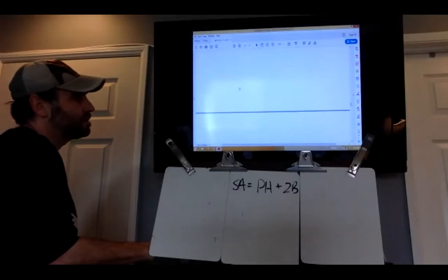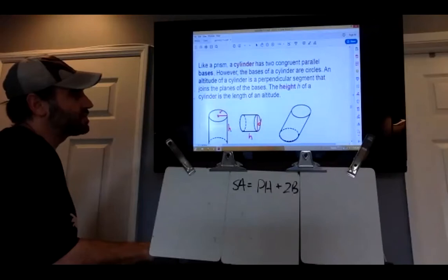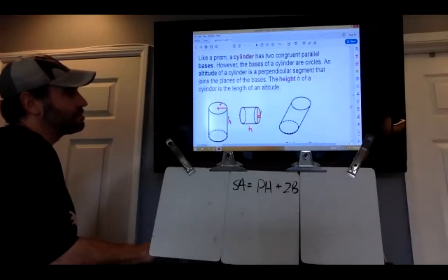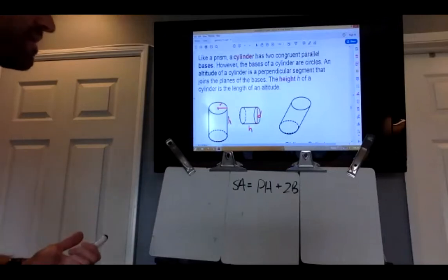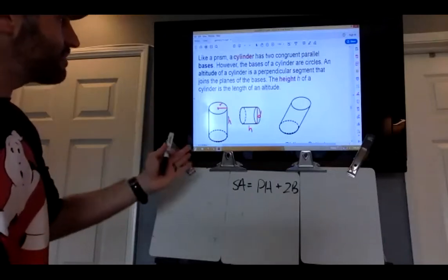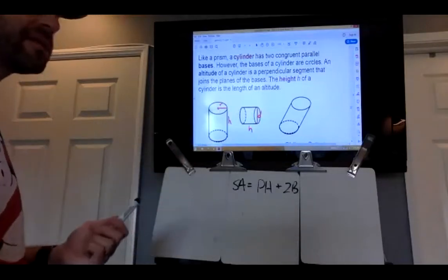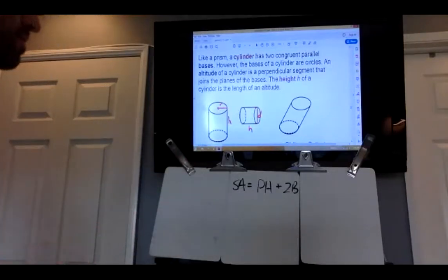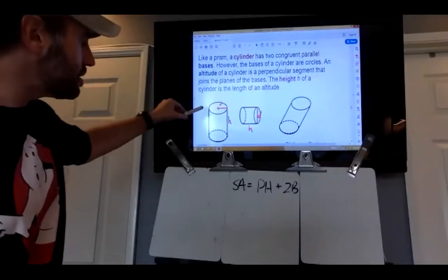Okay, moving along. Now they move on to cylinder. We think of this really not any differently than the polygon. What I would like you to do is think of the cylinder as a regular polygon of infinite sides. So it becomes a circle, but all the properties remain. What would be the perimeter of a circle?